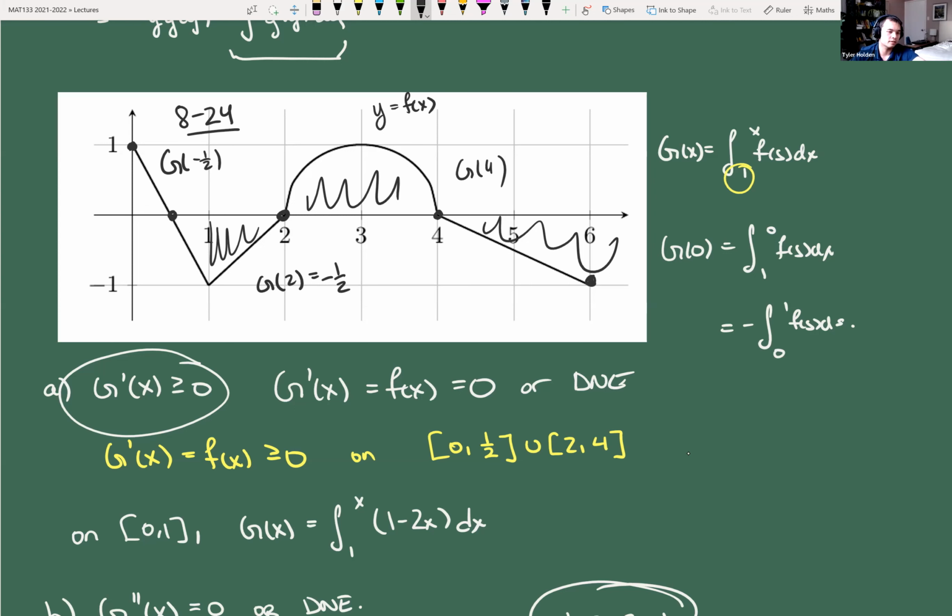So I've maybe confused things more. The only critical points are 1/2, 2, and 4, but we're going to include 0 and 6 when we check our answer, because we know those are potential maxima and minima anyway. That's what Ariana was doing: endpoints and critical points. But you're all right as well that the critical points don't include the endpoints in this case. So just to clarify that, so it's not confusing.